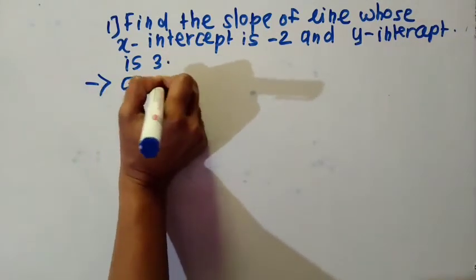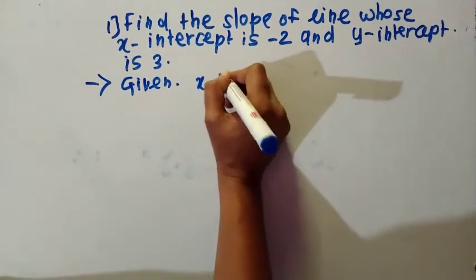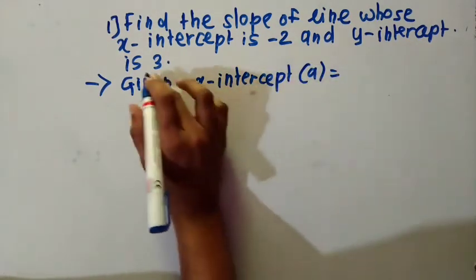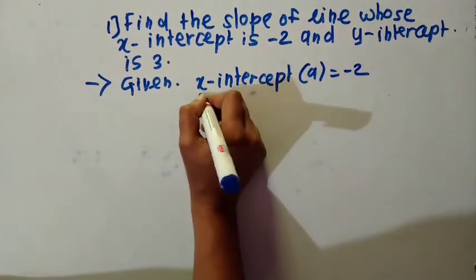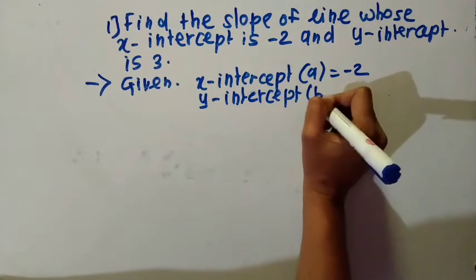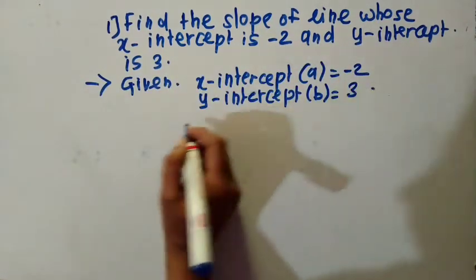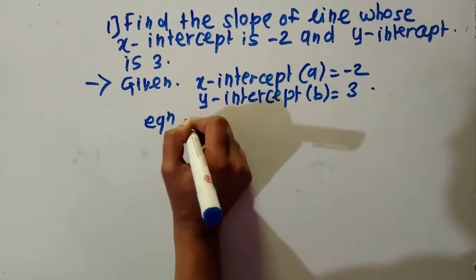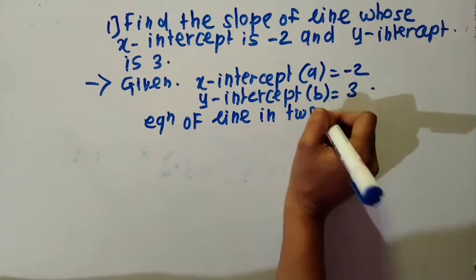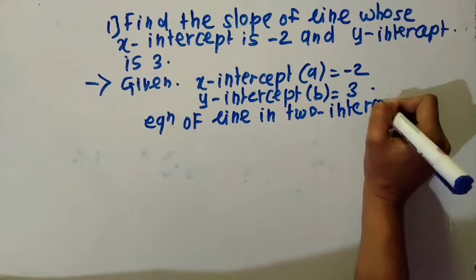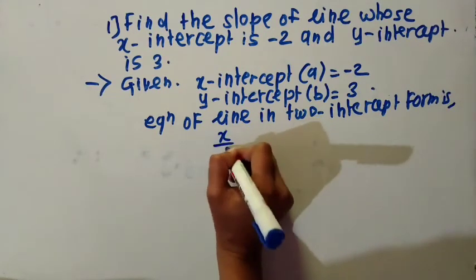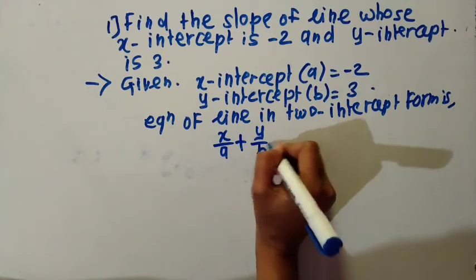First, given that x-intercept a is equal to minus 2 and y-intercept b is equal to 3, then equation of line in intercept form is x upon a plus y upon b is equal to 1.